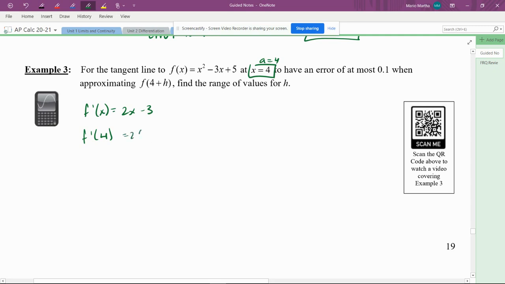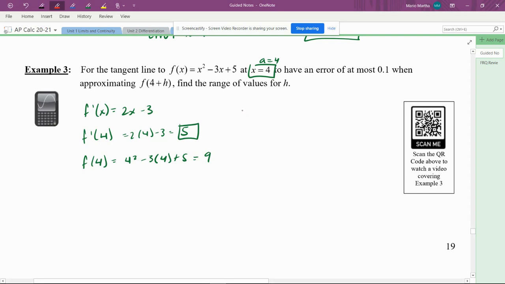is going to be 2 times 4 minus 3, which is just 8 minus 3, which is positive 5. And then we know that f of 4, so now let's plug it into the original equation, is 4 squared minus 3 times 4 plus 5, which is going to give us a total of positive 9. And then we're going to write our line, again in point slope form.